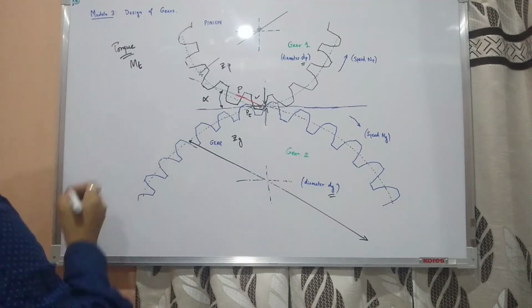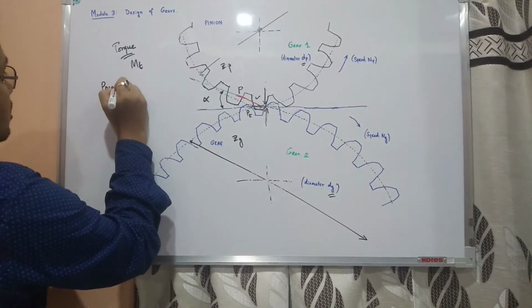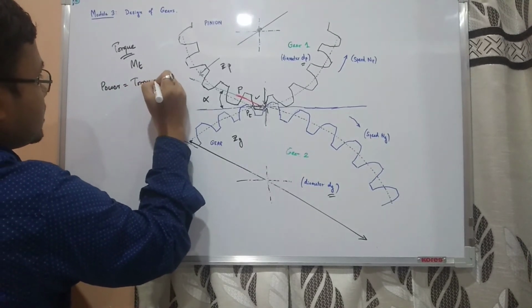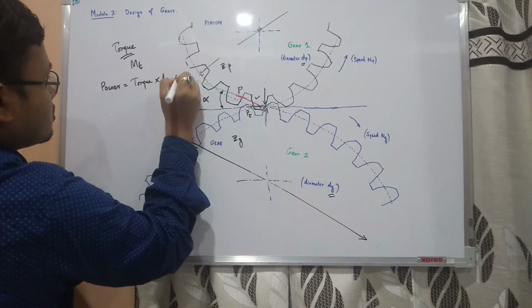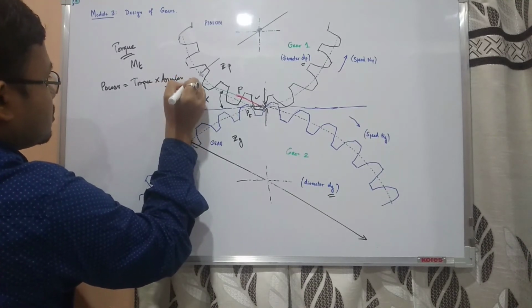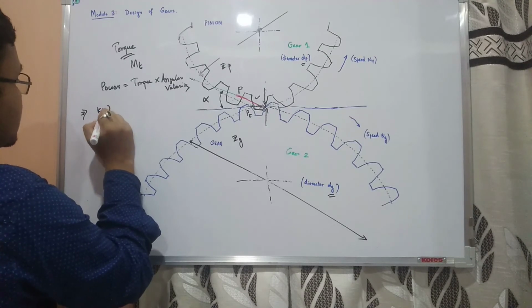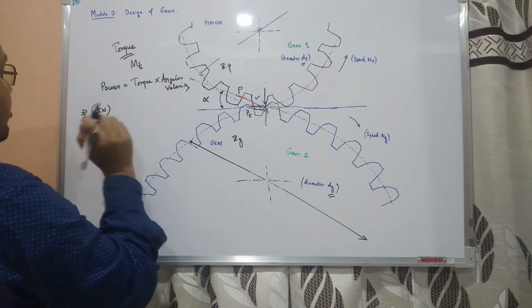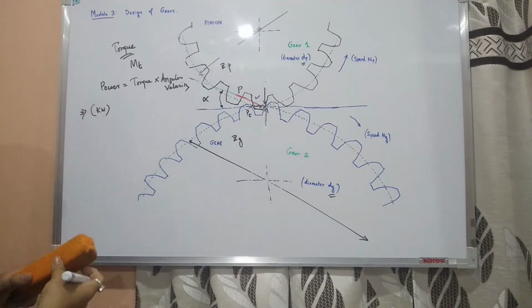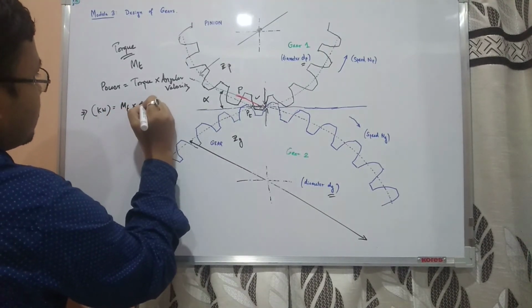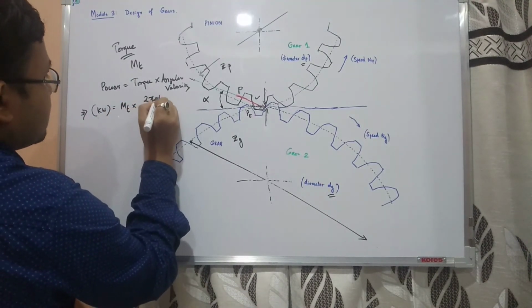How to find it? From the power formula we can find out the torque multiplied by angular velocity. In your book power is written as kilowatt, so we will put the power in kilowatt. In the question, if it is given in kilowatt, we'll put it directly here. Torque is Mt, and this is omega, and omega is nothing but 2 pi N by 60.